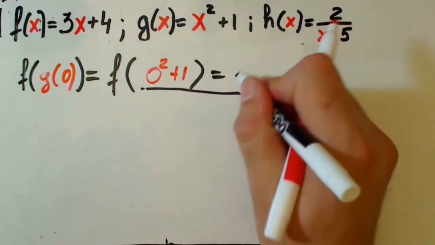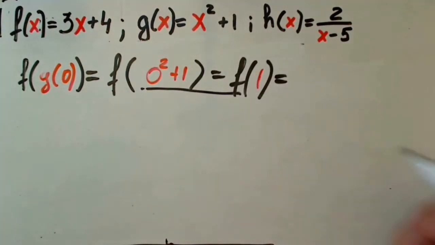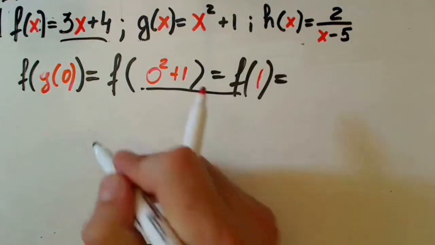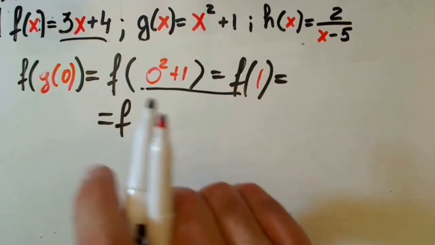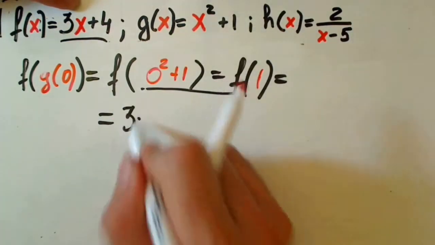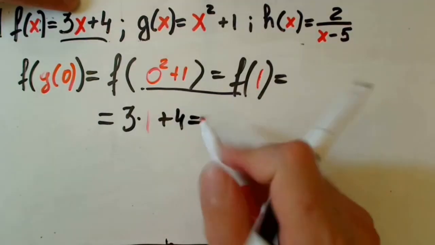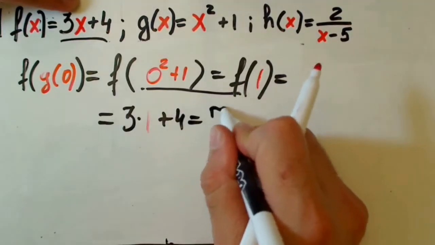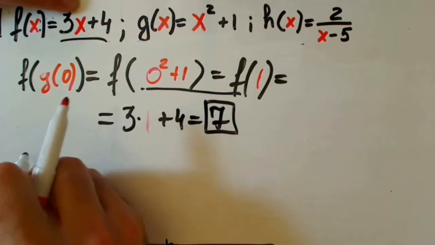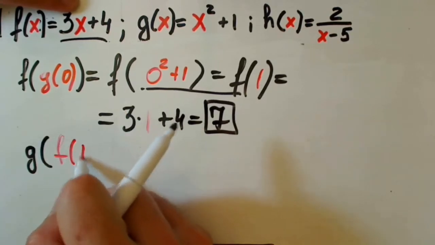It means we have to calculate f of 1, and for f of 1 we just plug into our original function f, 3 times, instead of x we have 1, plus 4, and 3 times 1 plus 4 is just 7. This is our result.